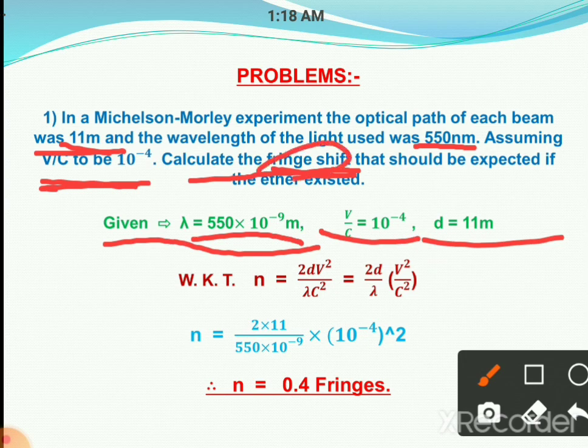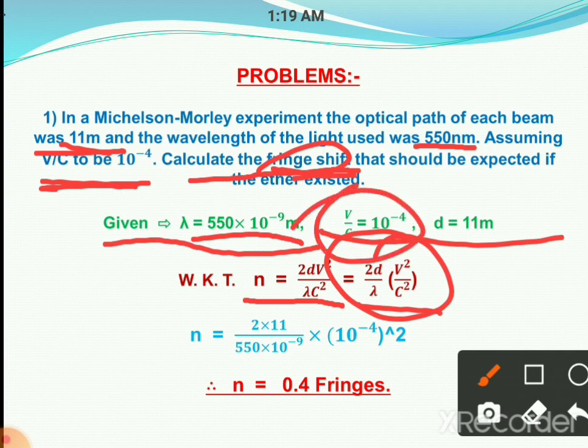We know that the expression for fringe shift n should be equal to 2dv square divided by lambda c square, or it can be written as 2d by lambda into v square by c square. Why? Because in this problem they gave the value of v by c, therefore just rearrange the terms.